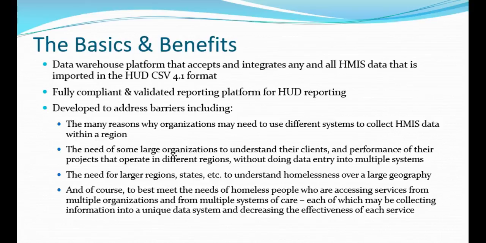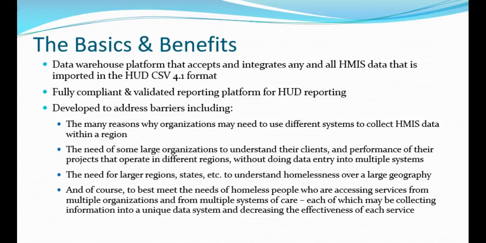HomelessData allows data collection to happen in whichever system makes sense for a particular organization or funding source. It allows large organizations that may have projects in multiple continuums to measure outcomes across all of their projects. It addresses the need for larger regions and states to understand homelessness across a broad geography that may not align with the CoC footprint.